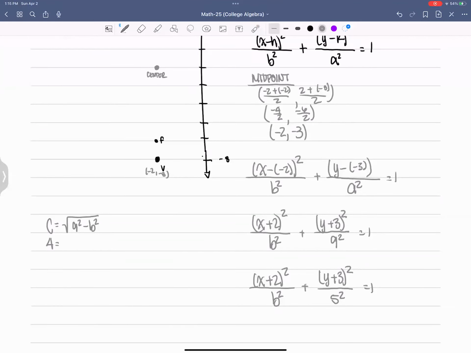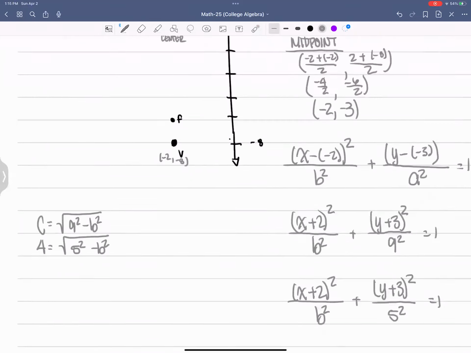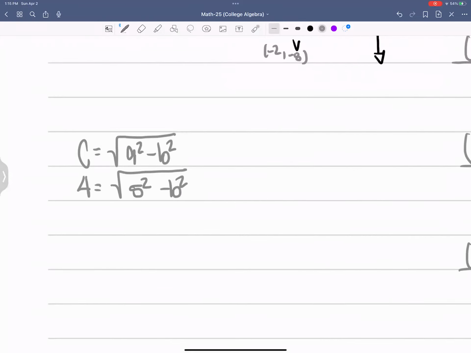a is 5. So we have 4 equals the square root of 5 squared minus b squared. And now we just have to figure out what b is. So in order to do that, simplify, square both sides. We have 16 is equal to 25 minus b squared.